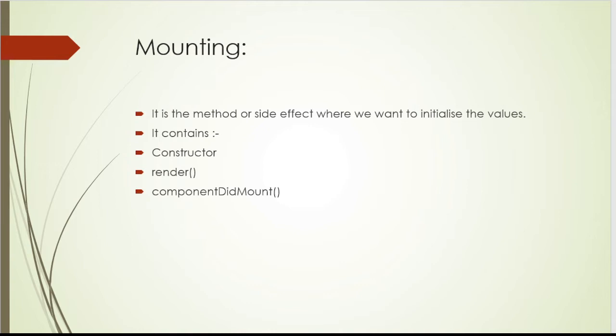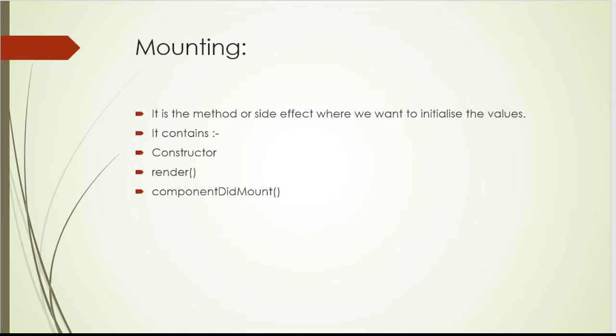If you want to know that clearly, you can see that video, which I am posting in the description box. Render is the main part of the component structure, like an h1 tag.